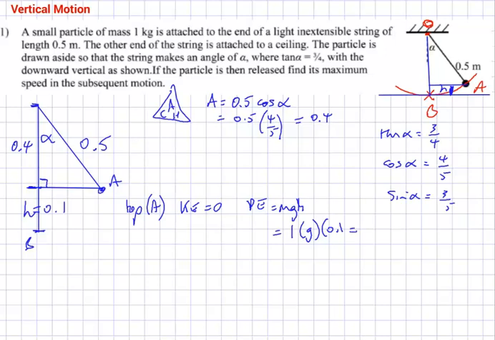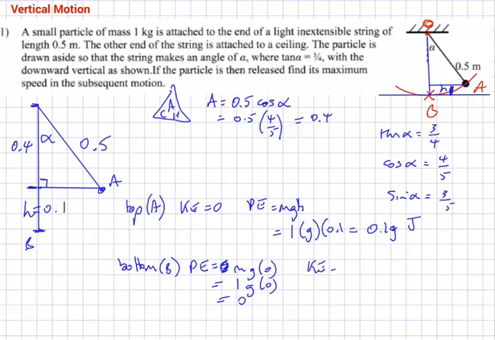So we've got 0.1g. Energy is measured in joules. At the bottom, at point B, the potential energy is 0, and the reason for that is h is 0 at that point in time. So mg multiplied by 0, and it's 0.